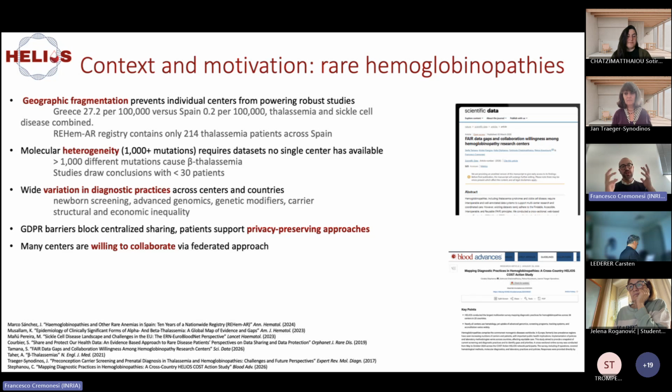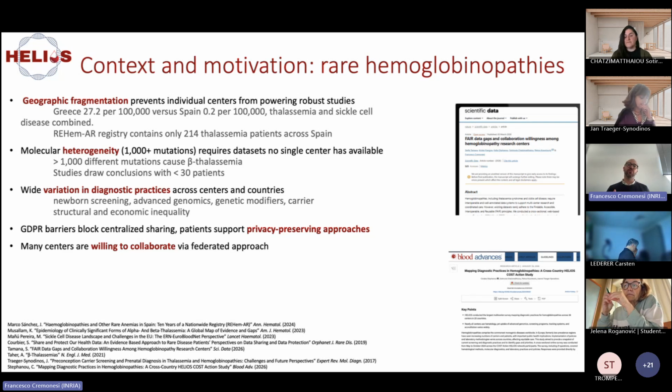So the Helios action has been instrumental in describing the situation, both with the guidelines and the analysis of the diagnostic practices that is being done by other groups. And on our side, in working group 3, we sent out a survey to map the willingness to collaborate and the readiness to collaborate as assessed by FAIR principles and so on.